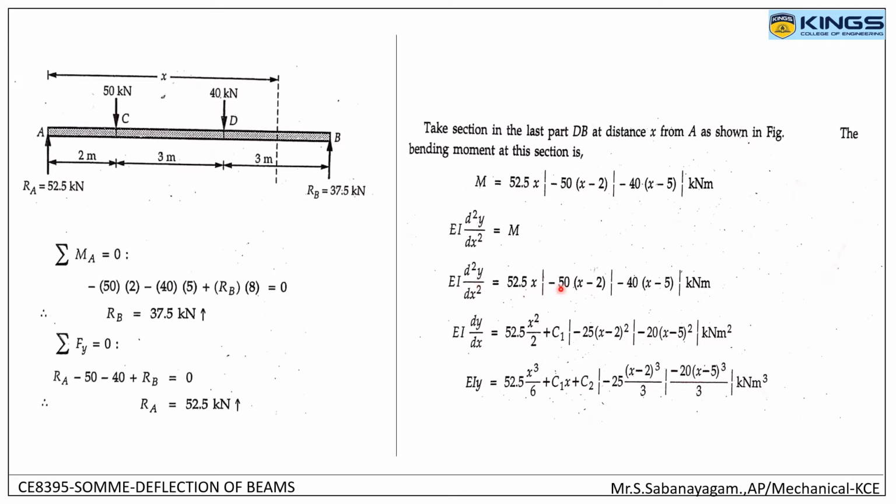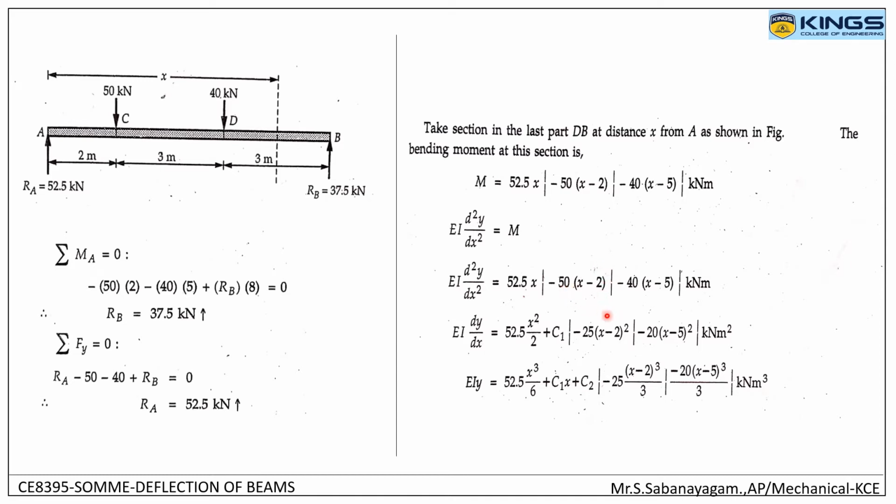On integrating this relation, we get EI dy by dx equal to 52.5 x square by 2 plus C1, the constant of integration, minus 50 into x minus 2 whole square by 2.